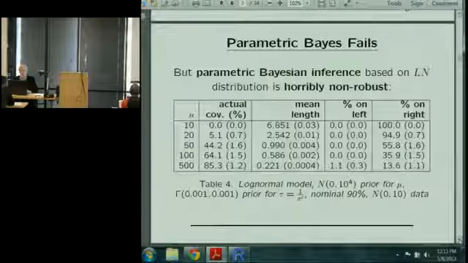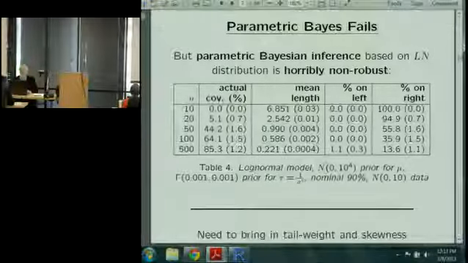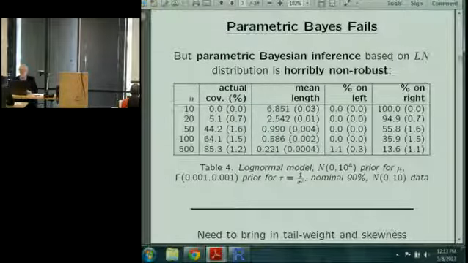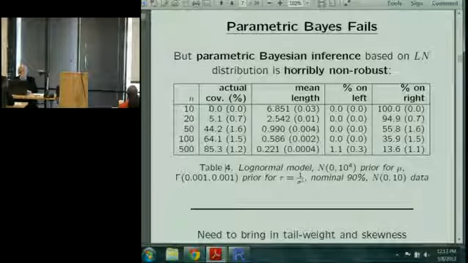But parametric Bayesian inference based on the log normal distribution is horribly non-robust. Here what happens is I told the Bayesian machinery that the data were log normal when actually they were normal. And look, with 500 observations, 90% intervals are covering 85% of the time, but with only 10 observations, the Bayesian intervals are covering never.